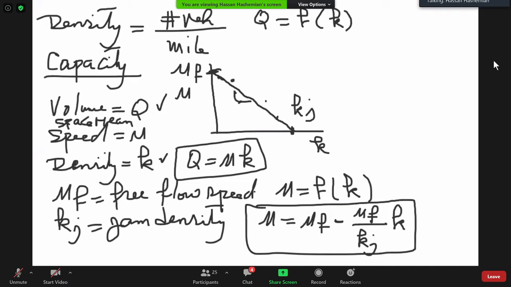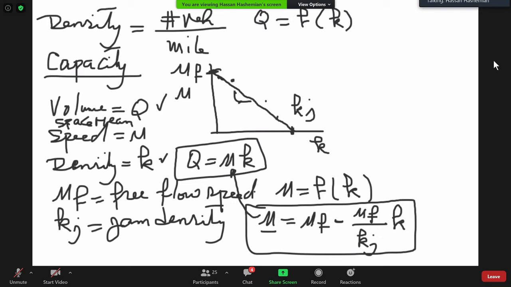Well, it's pretty easy, because we know mu as a function of K. All I have to do is just put that mu into this formula here.